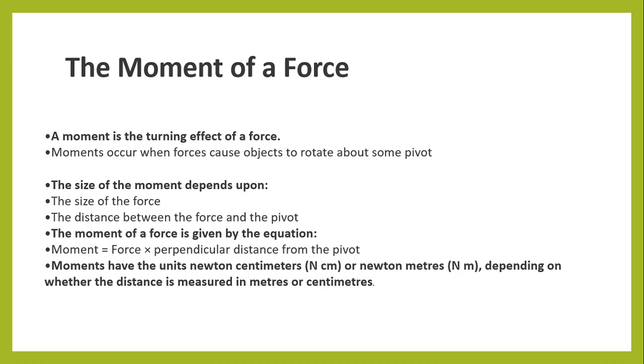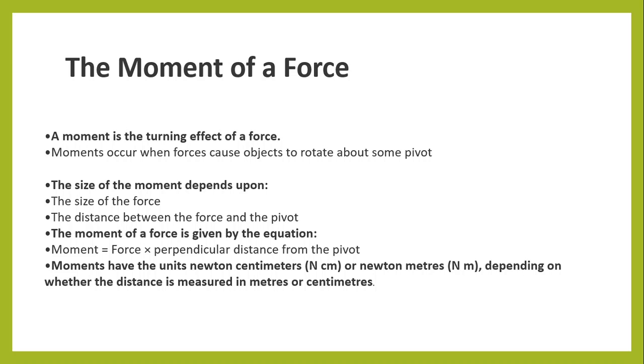The size of a moment depends upon the size of the force and the distance between the force and the pivot. The moment of a force is given by the equation: force multiplied by the perpendicular distance from the pivot. Moments have the units Newton centimeters or Newton meters, depending on whether the distance is measured in centimeters or meters.